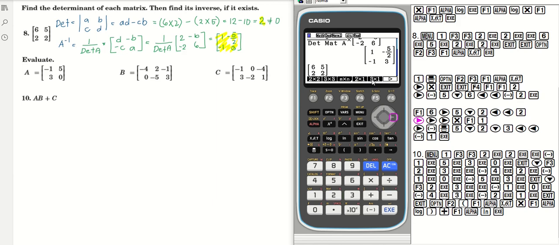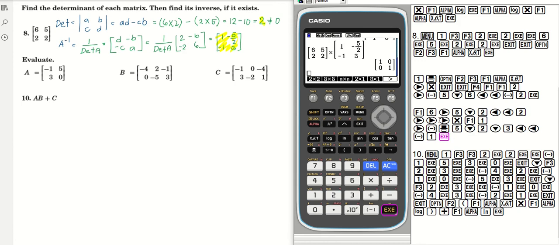Multiply by our inverse matrix, which is 1, then negative 5 over 2, then 3, and then minus 1, and then execute.